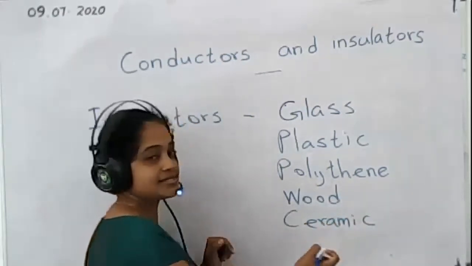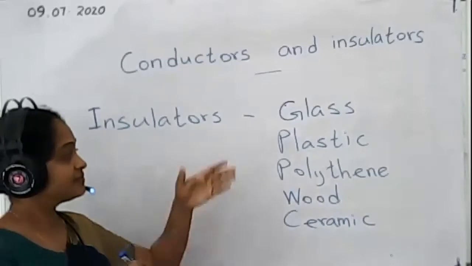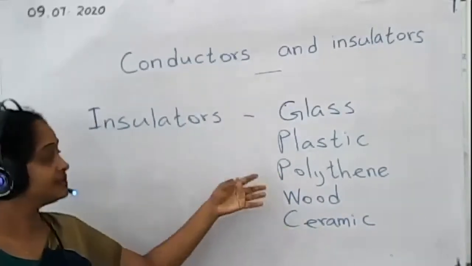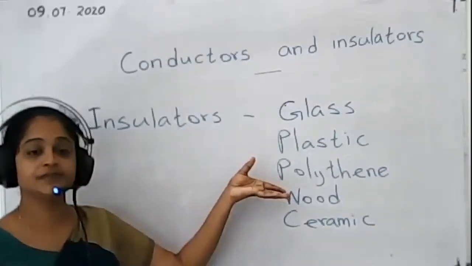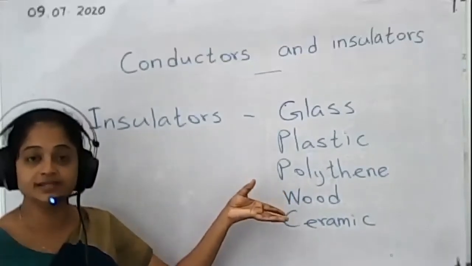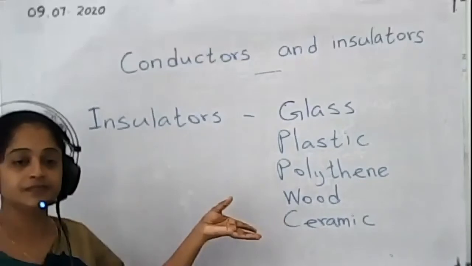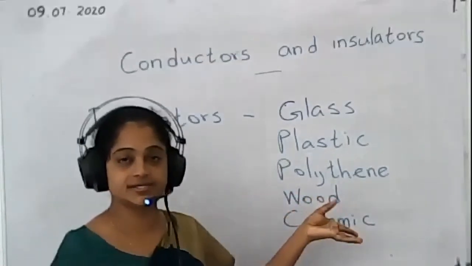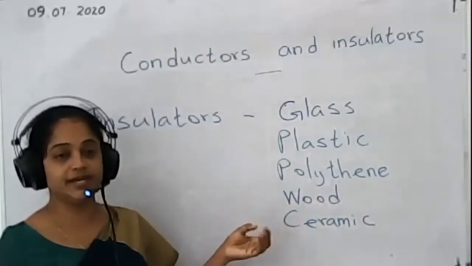There are so many things. We can write a list of them. Some of them are in here: glass, plastic, polythene, wood, ceramic. These are examples for the insulators.